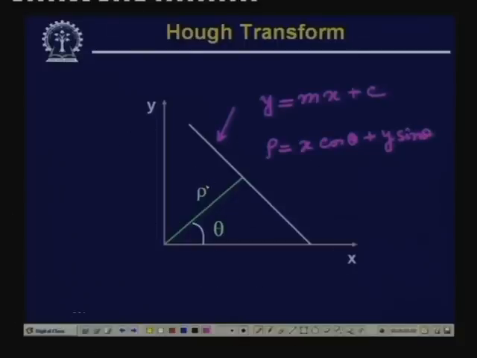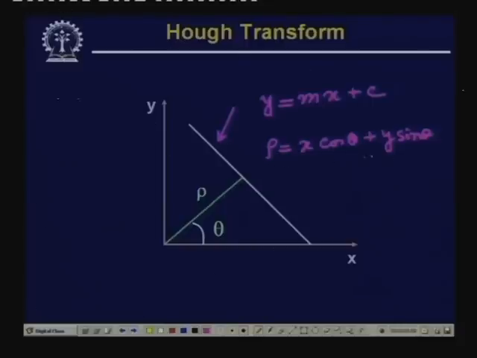What is rho? Rho is the length of the perpendicular dropped on the straight line, drawn from the origin of the xy plane, and theta is the angle made by this perpendicular with the x axis.